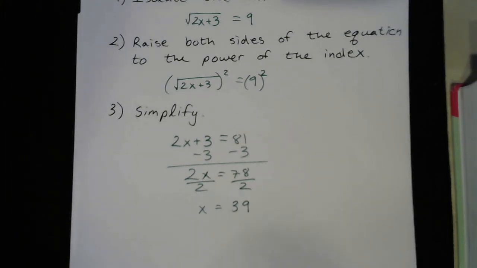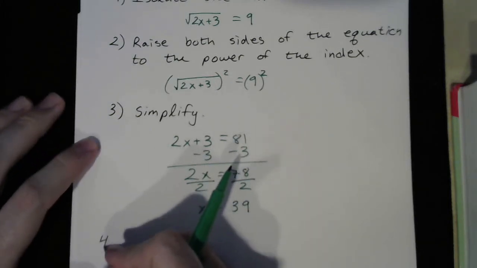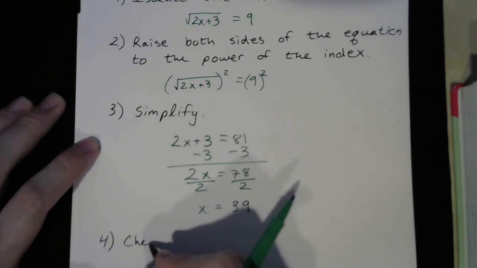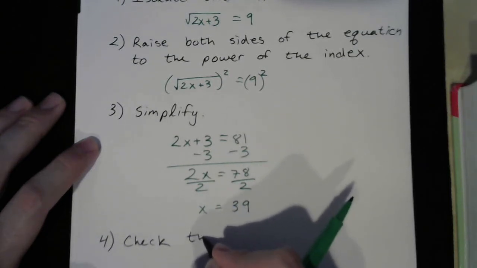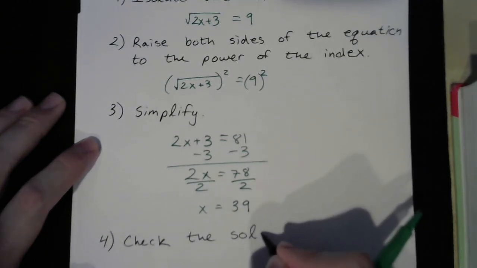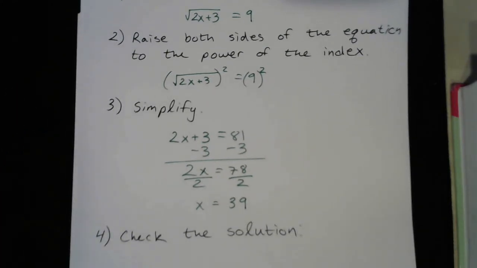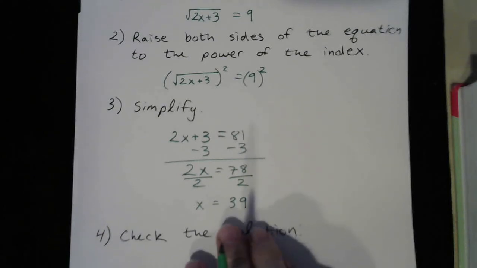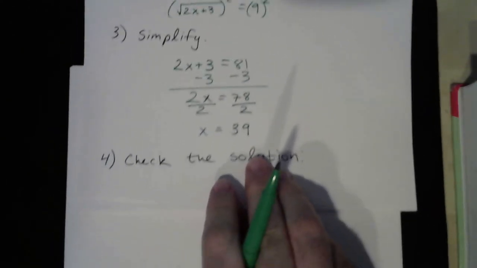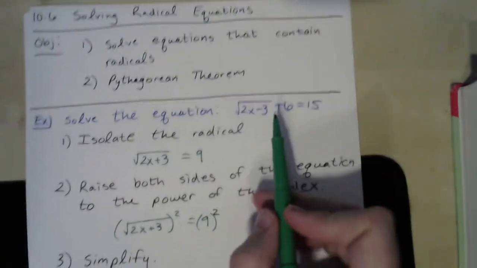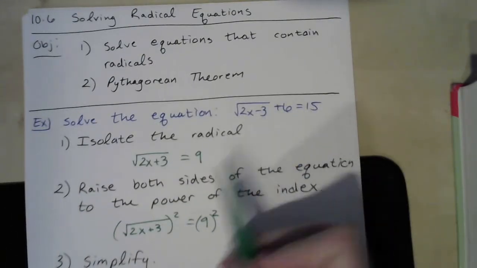Now, because it's a radical, we have to go back and check. So step 4 is to verify or check your solution. So we're going back into the original equation, the one that we were first given, way up here, not any of the adjusted ones.